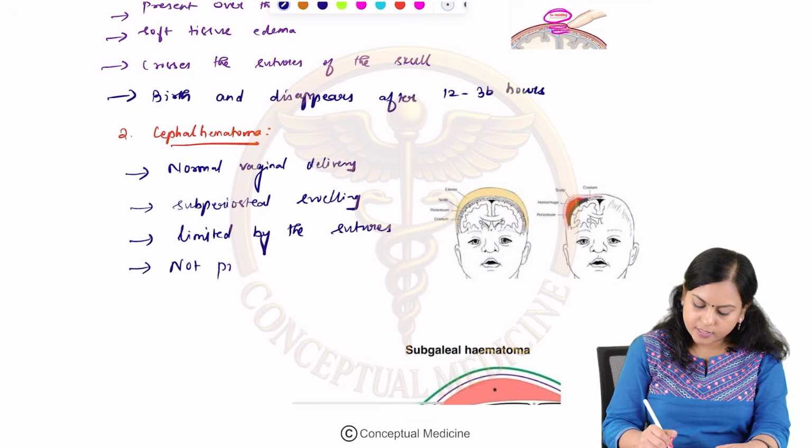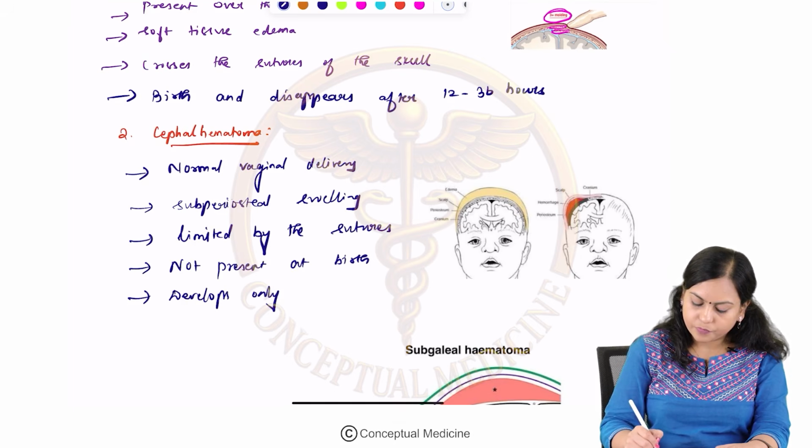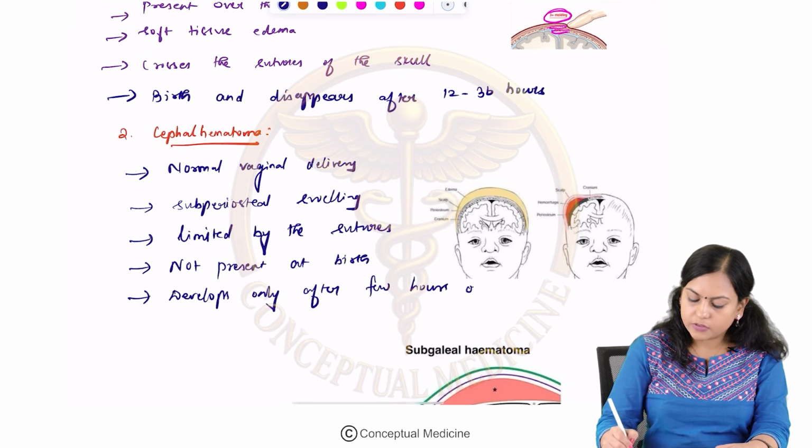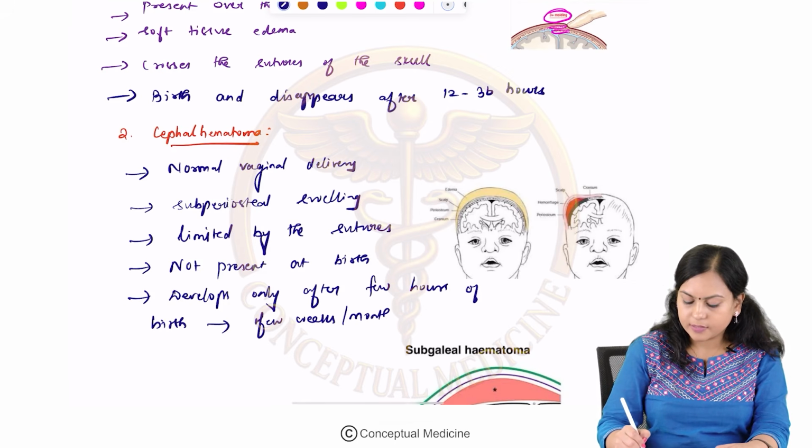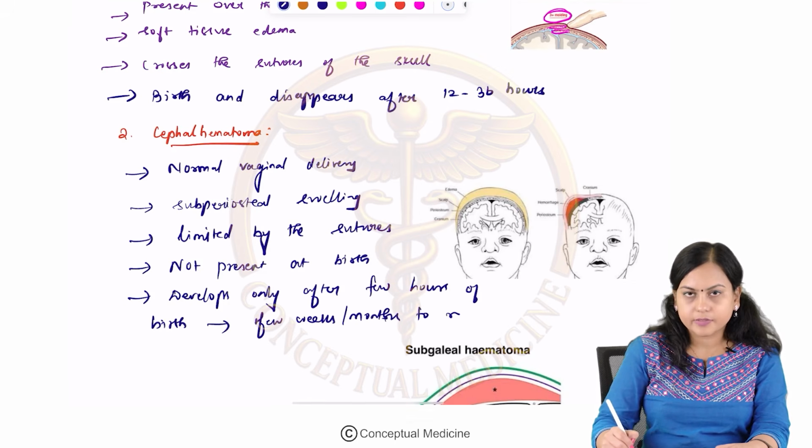This is not present at birth. It develops only after a few hours of birth, okay, and takes a few weeks or months to regress, okay.